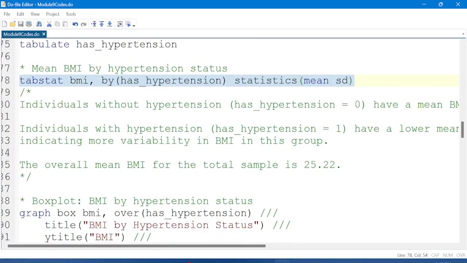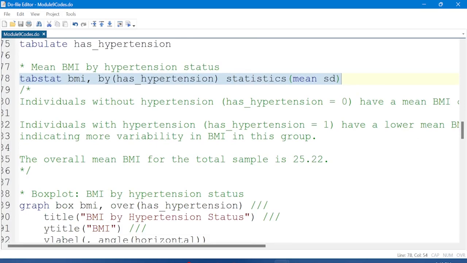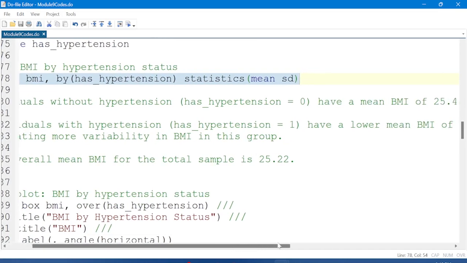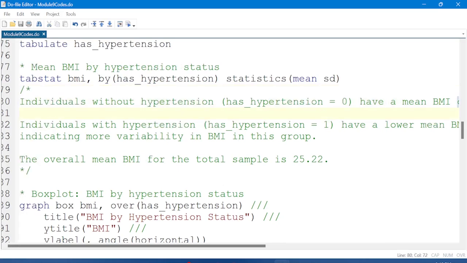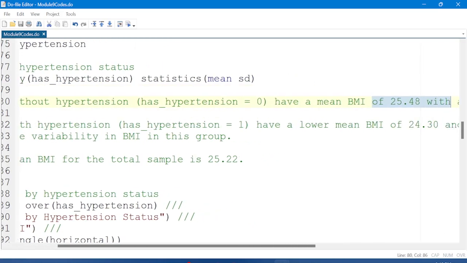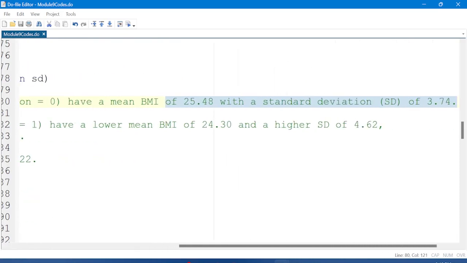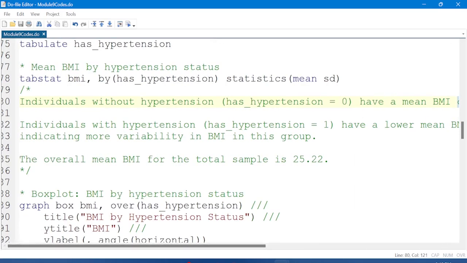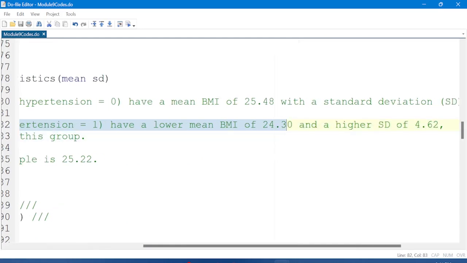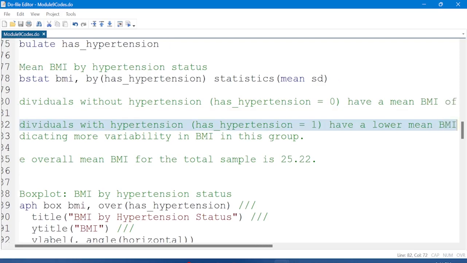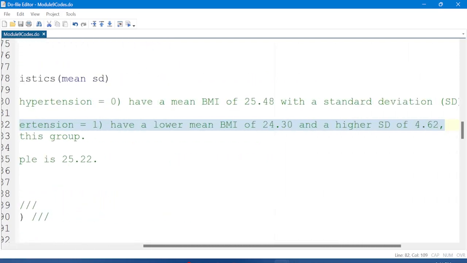This is the summary we get: individuals without hypertension, where hypertension equals 0, have a mean BMI of 25.48 and a standard deviation of 3.74, and the individuals with hypertension, where hypertension equals 1, have a lower mean BMI of 24.30 and a higher standard deviation of 4.62.